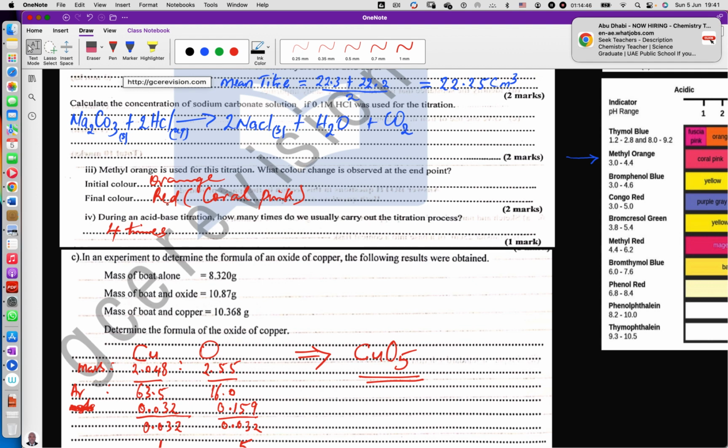It is carried out very fast to know the range, so that when you are carrying out accurate titrations, you stick to that range. So we have a rough titration and 3 other titrations, making a total of 4 titrations.